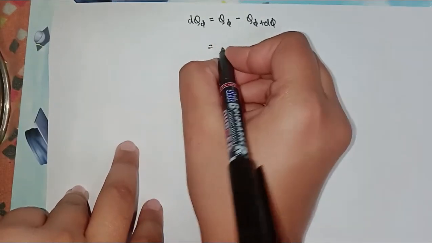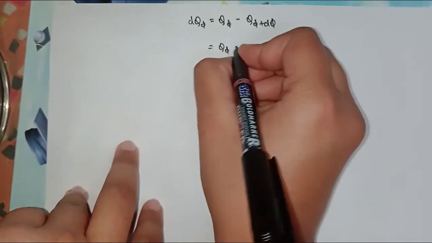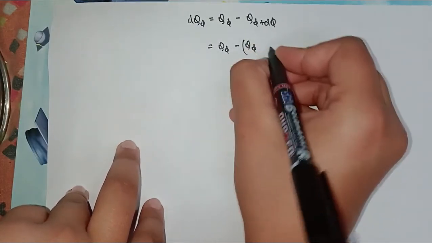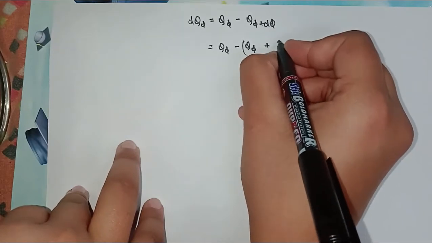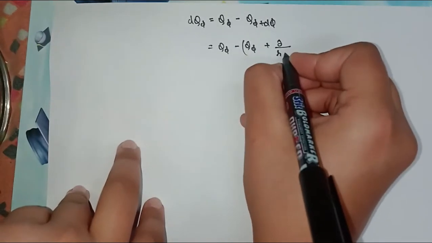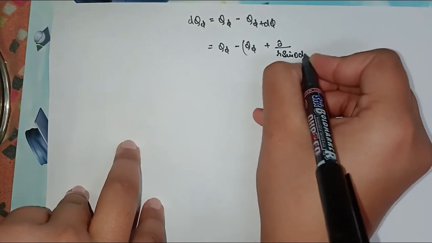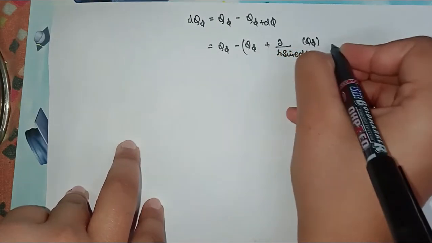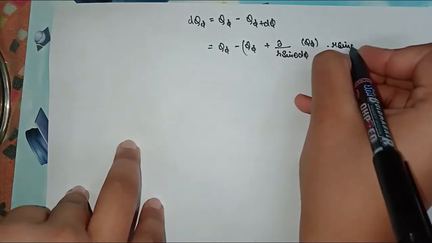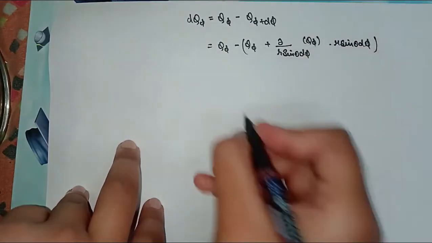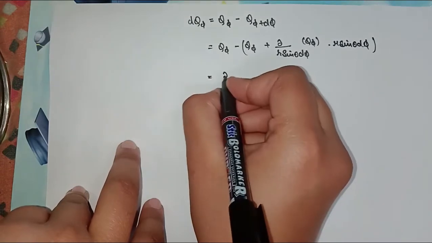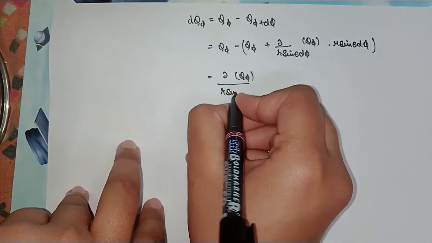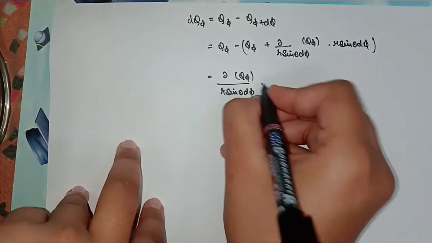Now substituting the value of Q phi plus d phi in this equation, solving this, we will get the partial derivative of Q phi with respect to r sine theta d phi into r sine theta d phi.